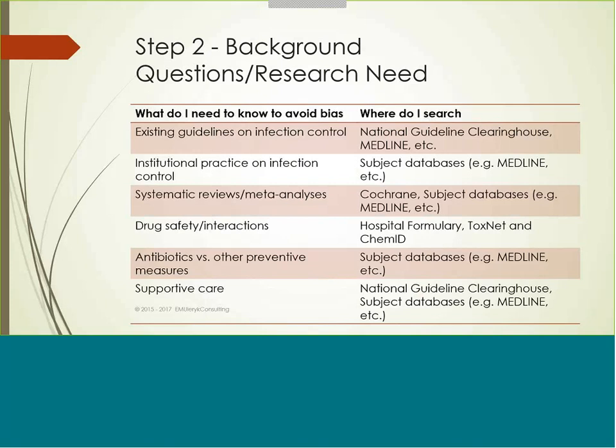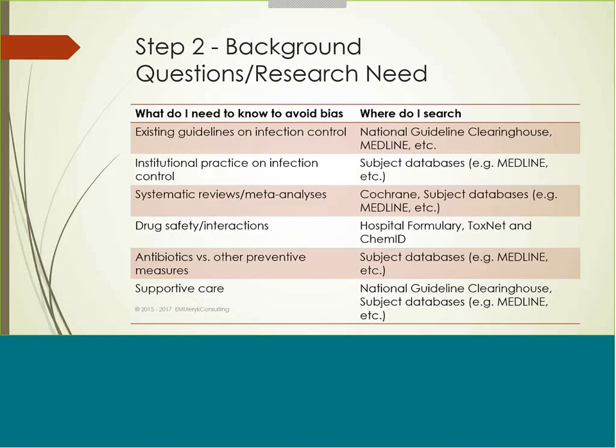So in terms of asking yourself, well, what are some of the background questions and where would I find that information? One of the things that most people do routinely, but sometimes it's easy to forget, is to ask: are there any existing guidelines? And there are a variety of resources for this. The National Guideline Clearinghouse, it's not 100% comprehensive, but they certainly do try their best to list most of them.